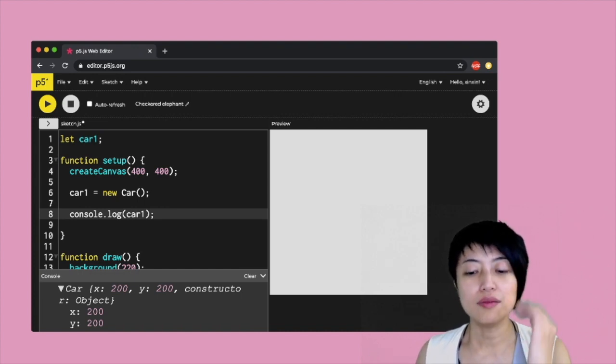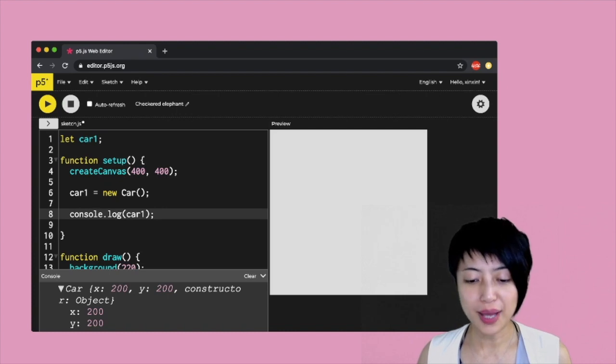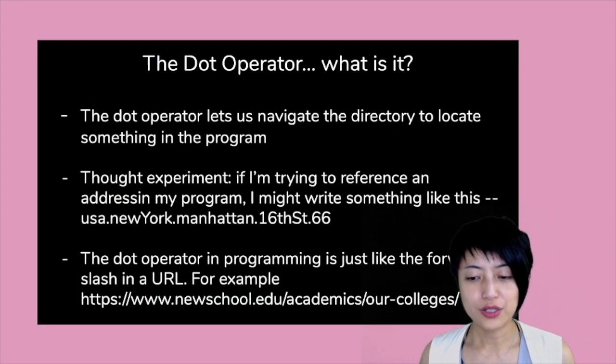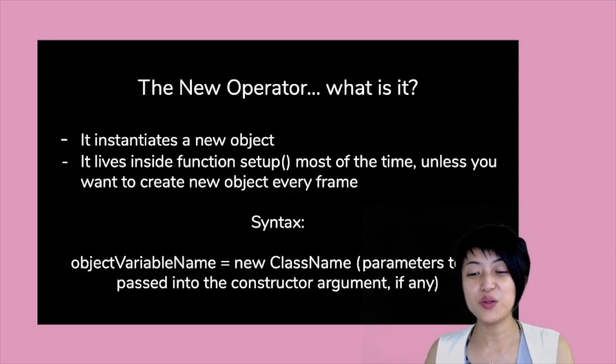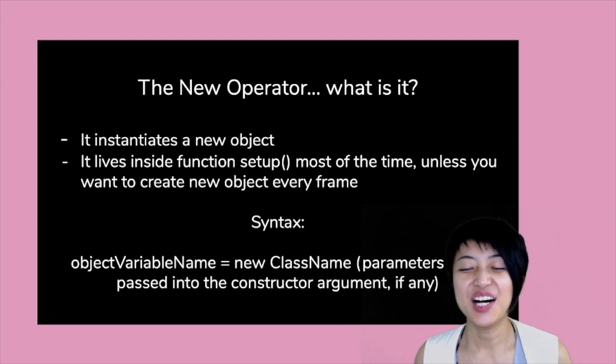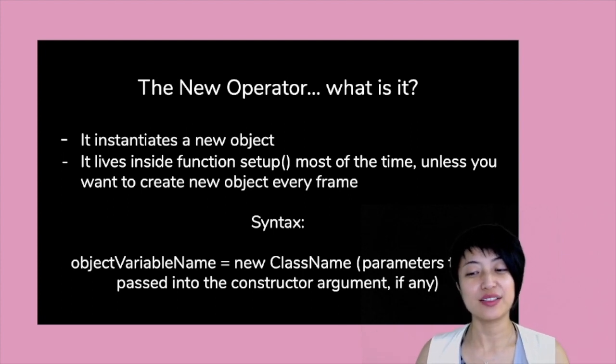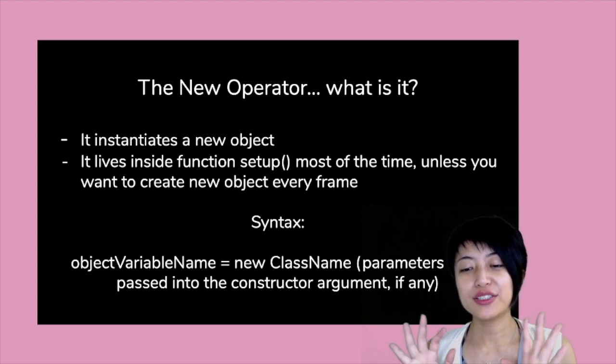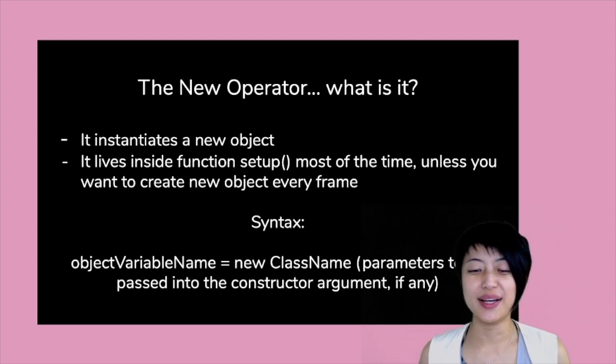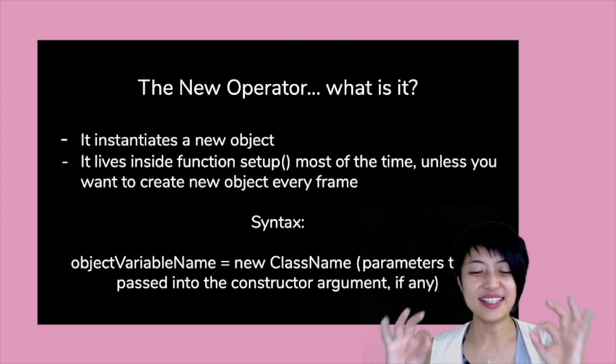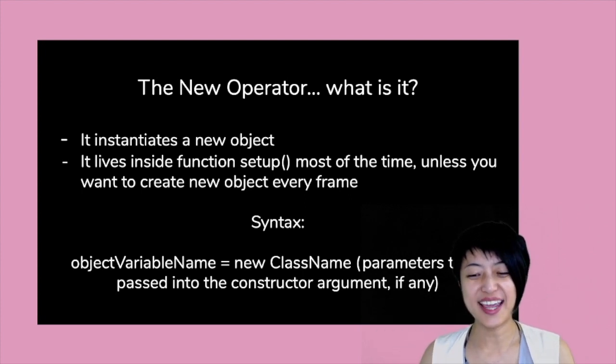Okay, so returning back to our slide here, we have used a new thing, and it's called the new operator, right? So what is it? What the new operator does, that word new, is that it instantiates, and that word is very wordy, it instantiates a new object.